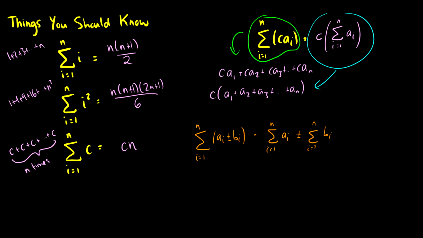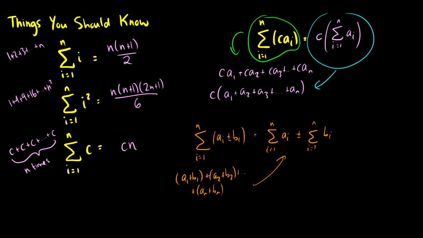And if you write this out, for instance, on the left here you have a1 plus b1 as the first term, and then you add a2 plus b2, and so on, all the way up to an plus bn, you can rearrange them and you'll find something similar that is equal to the right side, which you can write out and prove yourself, but it's pretty useful when breaking things up.